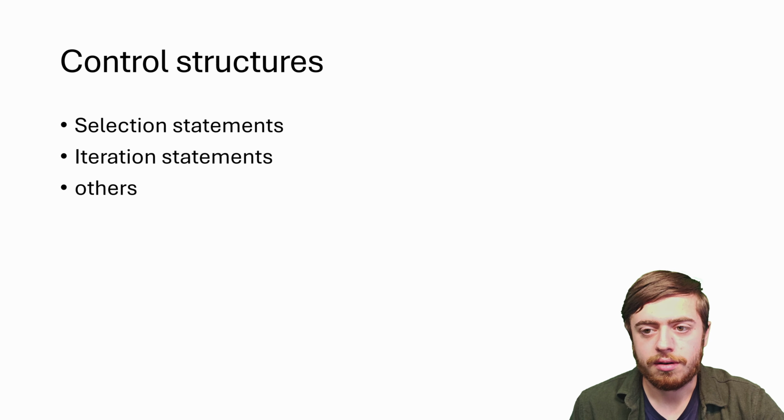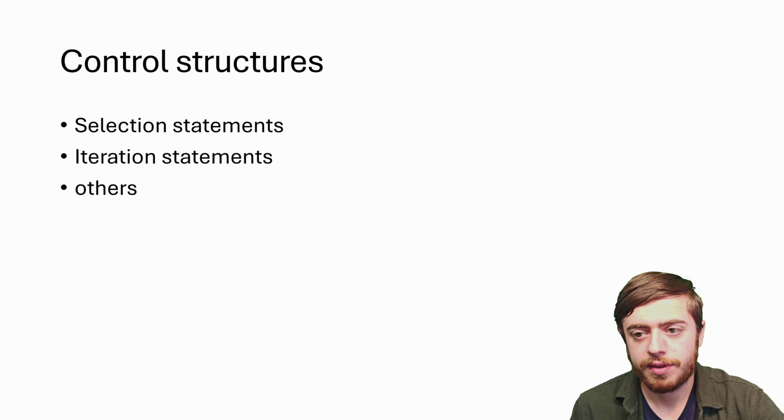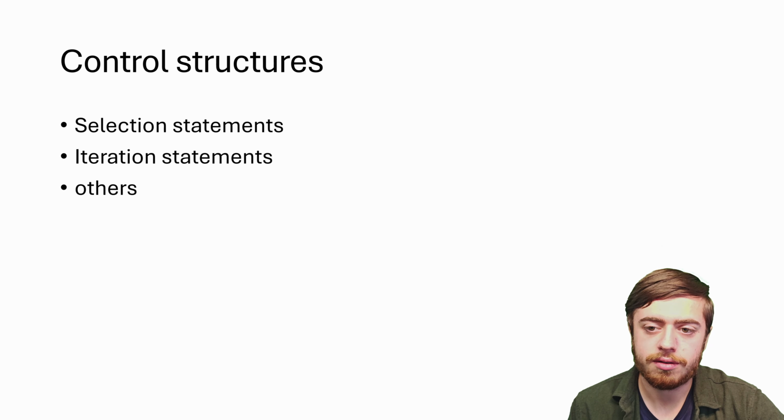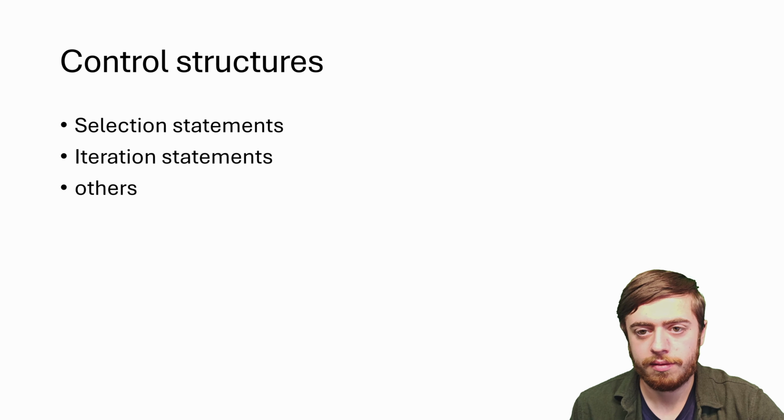There are also more control structures that Vala supports, like jump statements: break, continue, return, and throw statements. Try statements are also supported, as well as with statements. So basically all the modern control structures are supported.